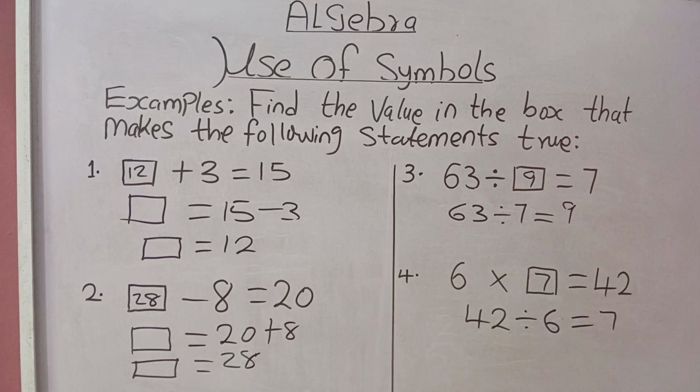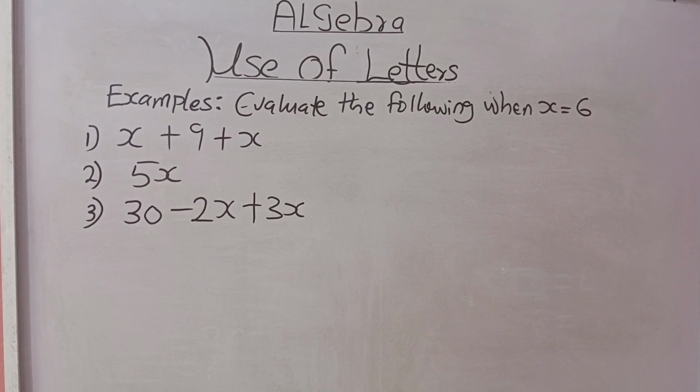Let's get to the next one. Now let's talk about use of letters. In the use of letters, we are to do substitution. Here the question demands that we evaluate the following when the value of x is equal to 6. It could be any other alphabet. During exams, you might be presented with different letters, maybe the letter M, and you might be told that M is equal to 18, or equal to 9, and so on.